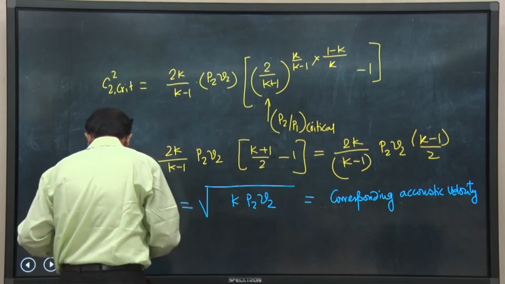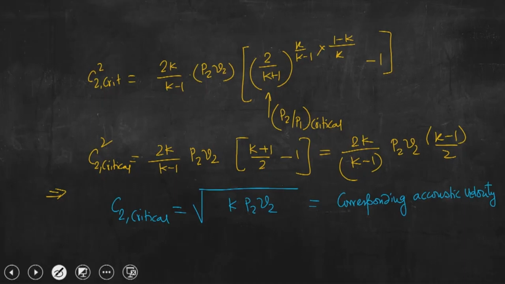So, when the exit pressure is the corresponding critical pressure of the nozzle, exit velocity also is the critical velocity, that is nothing but the acoustic velocity at the same temperature and pressure of the flow. Okay. So, this is very important.